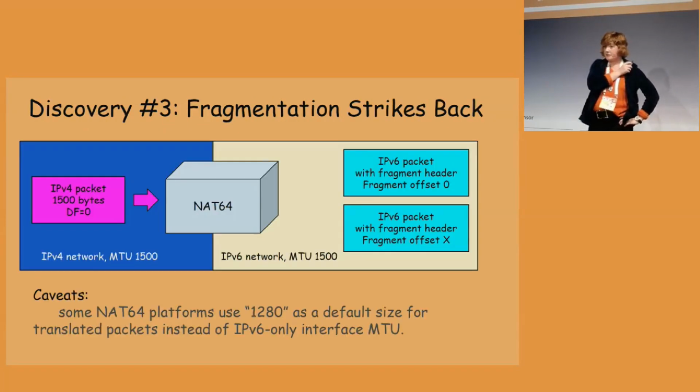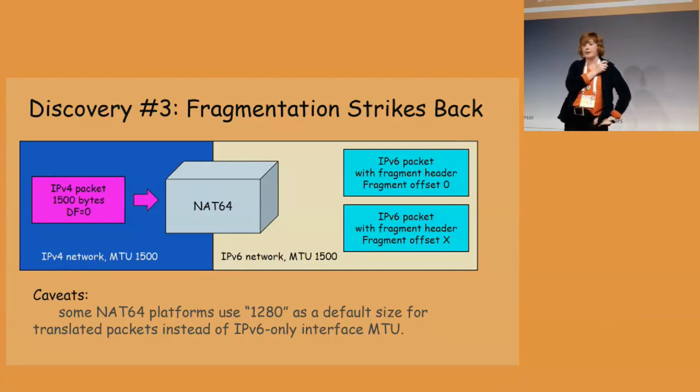Surprise, surprise, the IPv6 header is 20 bytes longer than IPv4. So inevitably, if your NAT64 device receives 1500 bytes from the internet and the DF bit is set to 0, the NAT64 device will fragment it. Well, unless you have more than 1500 MTU in your V6 infrastructure, but I know that some endpoints don't really like getting packets bigger than 1500.